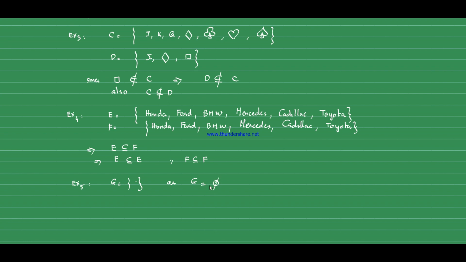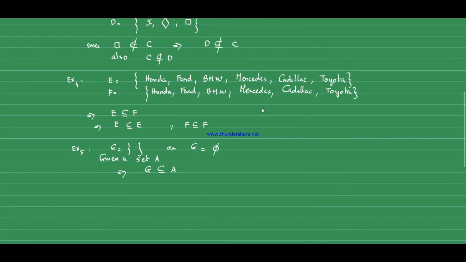A good thing about the empty set is this: every empty set is a subset of all sets. So given a set A, I can conclude that the empty set G is a subset of set A. Every empty set is a subset of any given set.